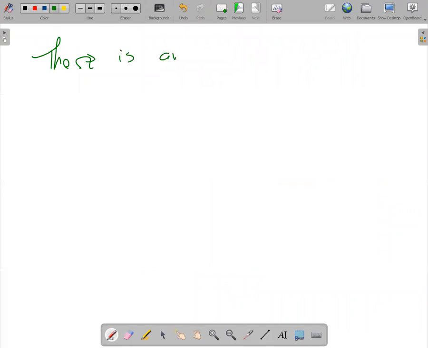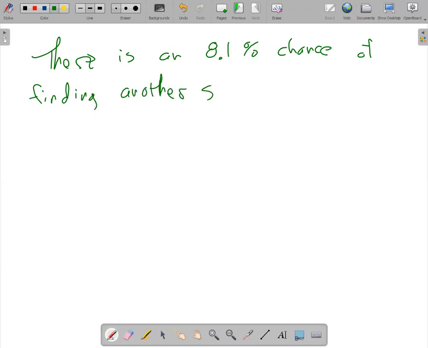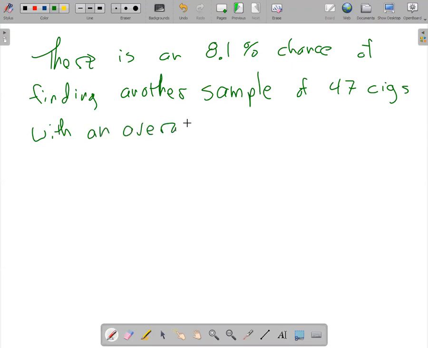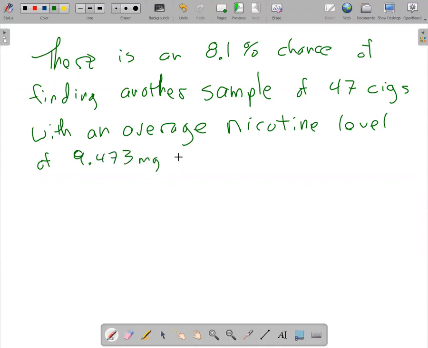There is an 8.1% chance of finding another sample of 47 cigarettes with an average nicotine level of 9.473 milligrams or less, right?